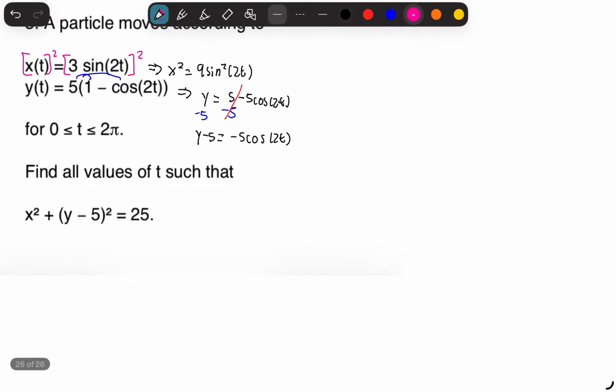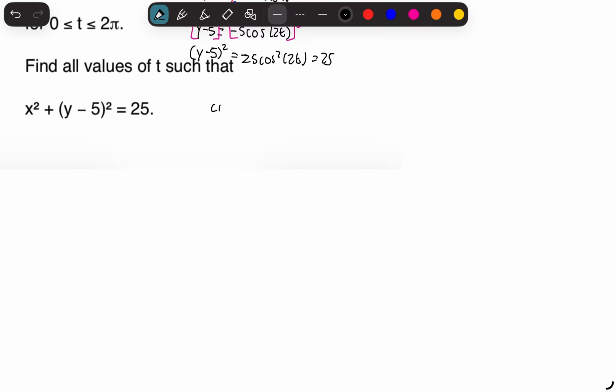So you can square both sides, and you get y minus 5 squared is equal to 25 cosine squared 2t, equal to 25. So cosine squared 2t is equal to 1 minus sine squared 2t. Now you just substitute in: 9 sine squared 2t plus 25 times 1 minus sine squared 2t is equal to 25.